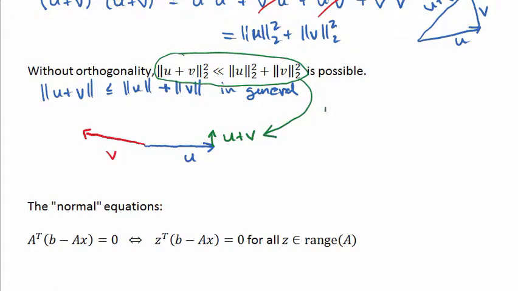Well, that's a recipe for numerical cancellation. When we add two things and get a result which is much smaller than either one, we should expect to have cancellation of significant digits. It's just as true for vectors as it is for numbers. And so that's why we're really interested in orthogonality. Orthogonality prevents this situation. When you add vectors that are orthogonal or subtract them, then you're guaranteed not to encounter cancellation errors.